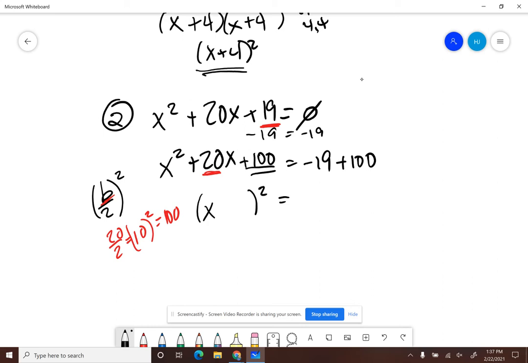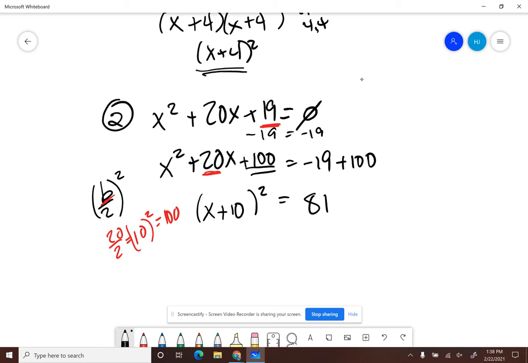Half of positive 20 was positive 10. That's exactly what needs to go in there. And again, you could work this out to make sure it works out, but x plus 10 times x plus 10 is going to give us this trinomial right here, okay? Now over here, I have negative 19 plus 100, which equals 81.